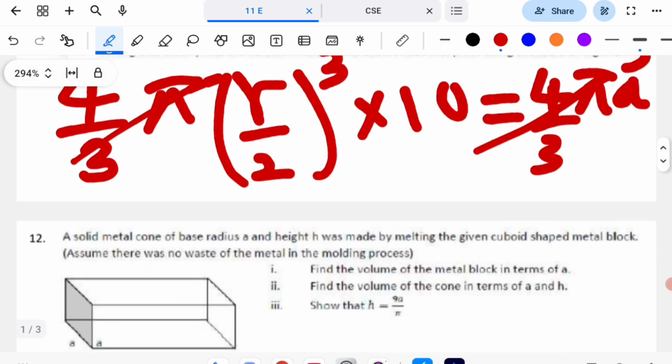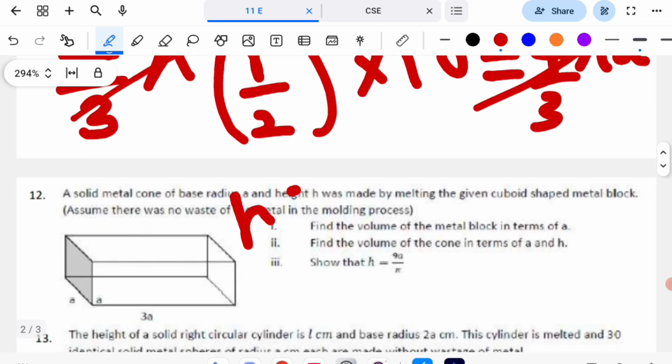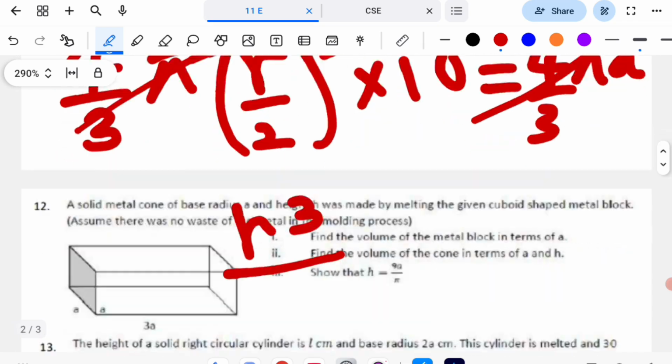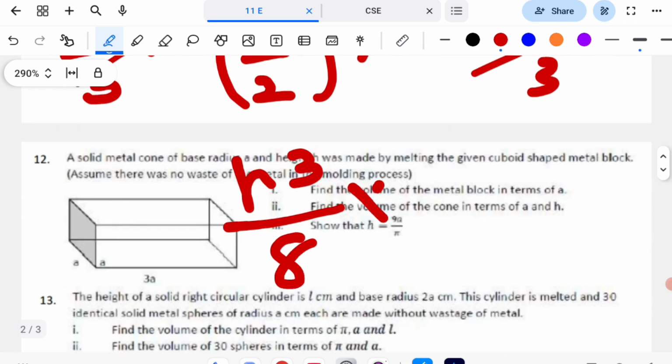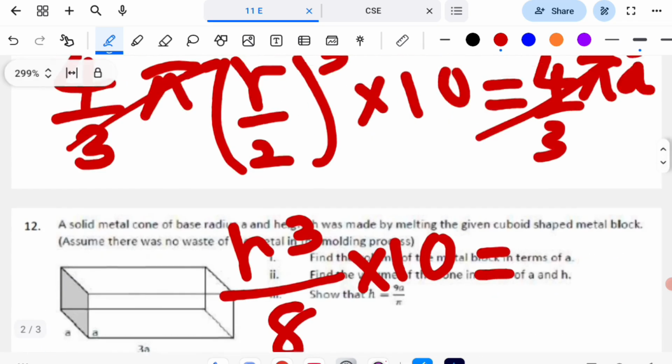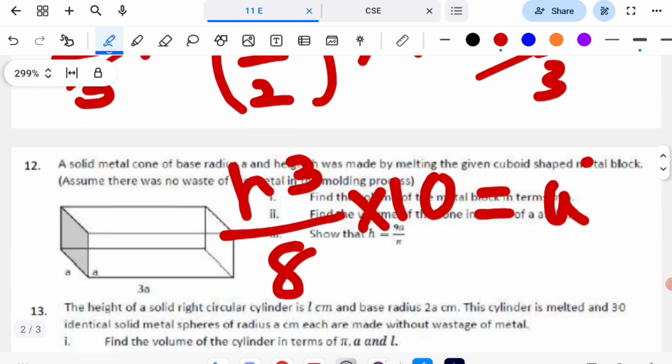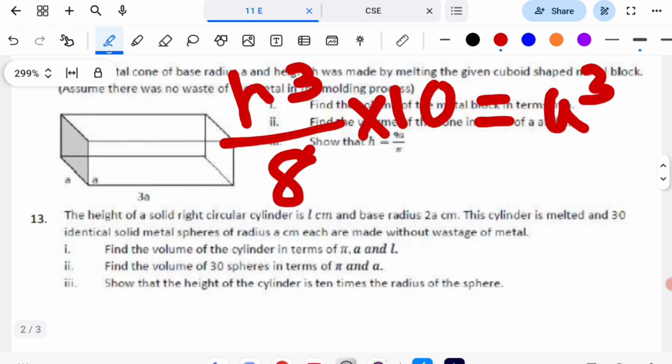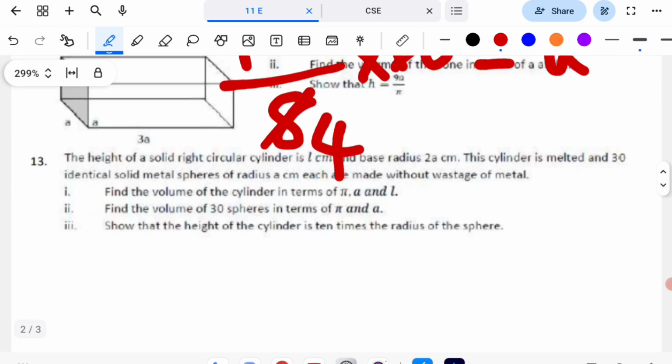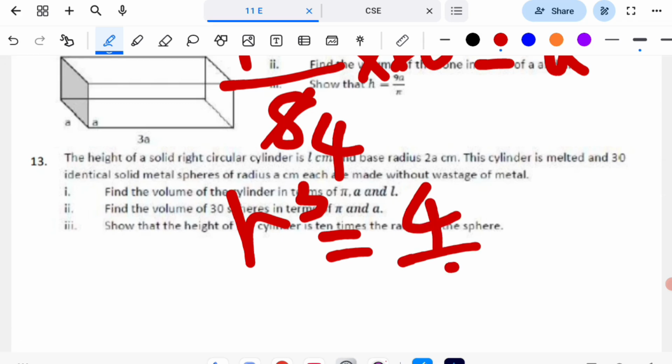We have r cubed divided by 2 to the power 3, 8, into 10 equals the right hand side a cubed. Divide by 2, 4, divide by 2, 5. Then we can bring numbers to the right hand side. r cubed is 4 over 5 a cubed.